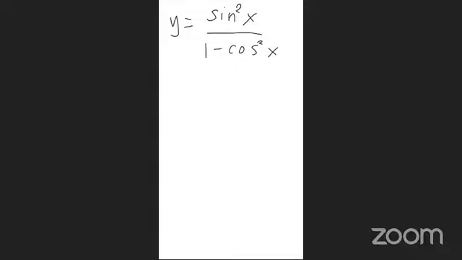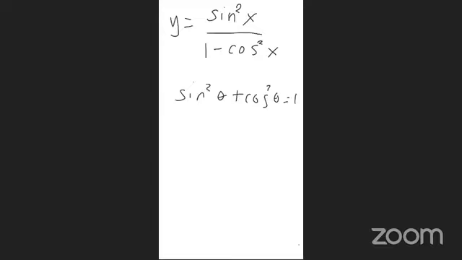Find the derivative of this one. If you look at it, it is actually complicated. But you can solve it easily by first applying the Pythagorean identity, which is sine squared theta plus cos squared theta is equal to 1, right?